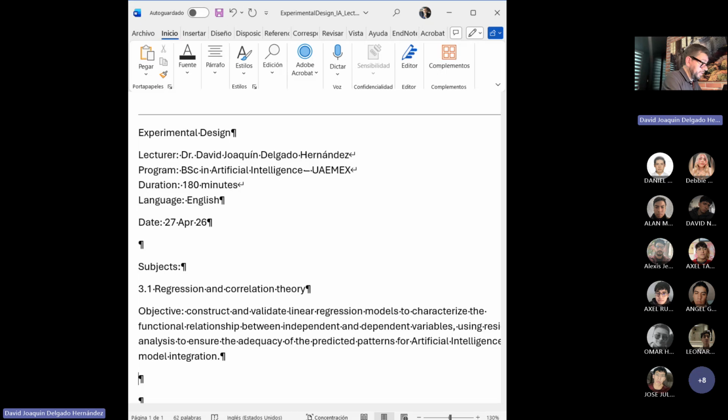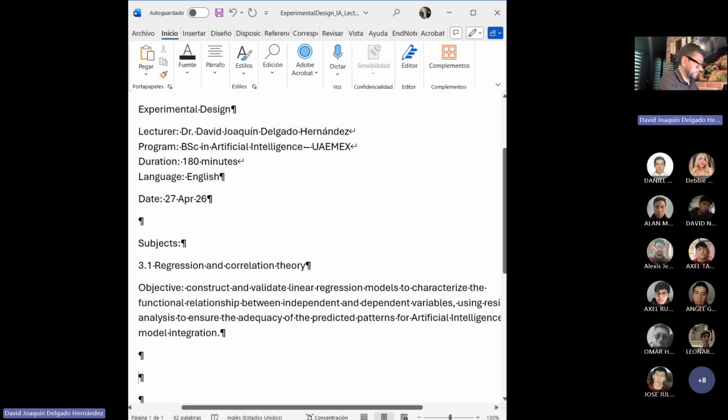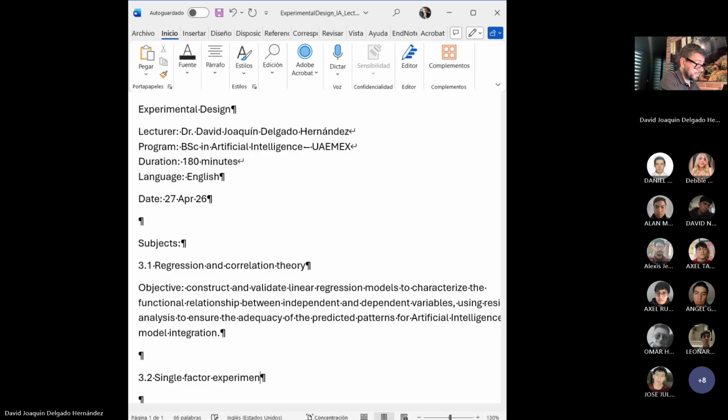That's it. And then the second subject is 3.2, which is single factor experiments. What is the objective?